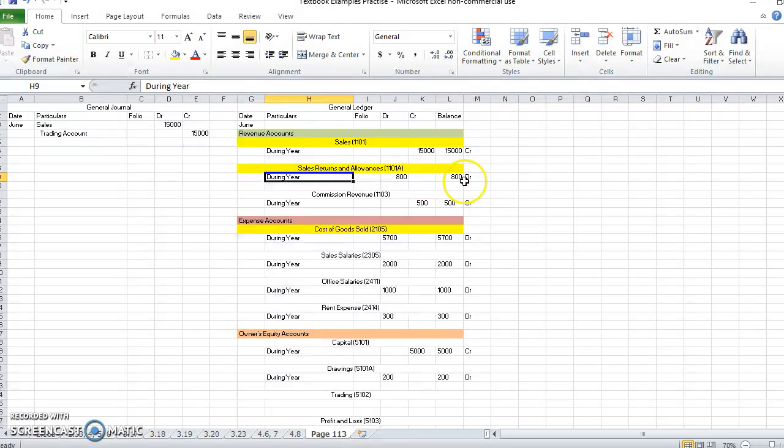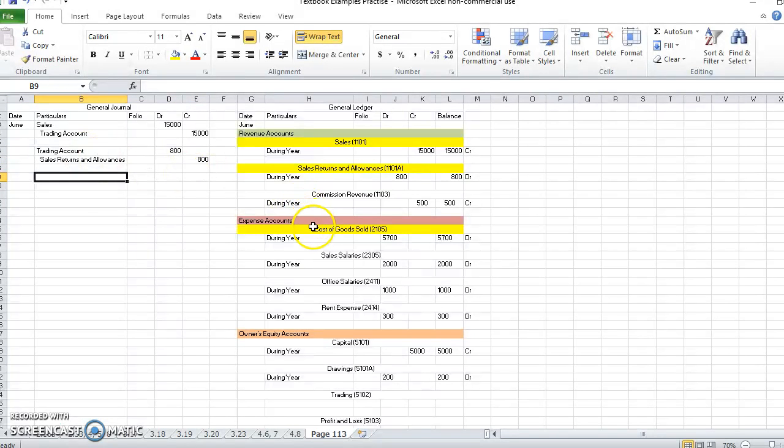Sales returns and allowances. Sales returns is 800 debit, so we will credit sales returns and allowances for 800, and we're closing it to the trading account for 800. Put that one in the wrong spot, that's okay.